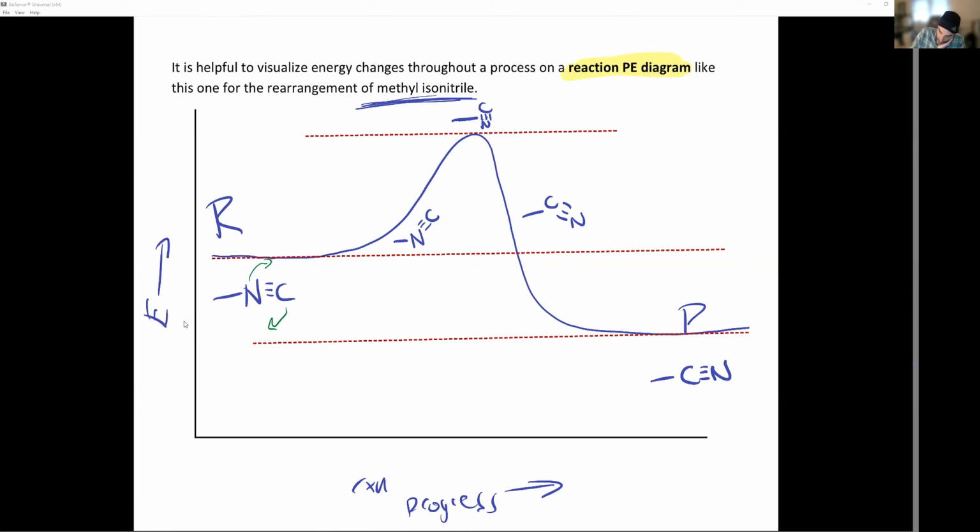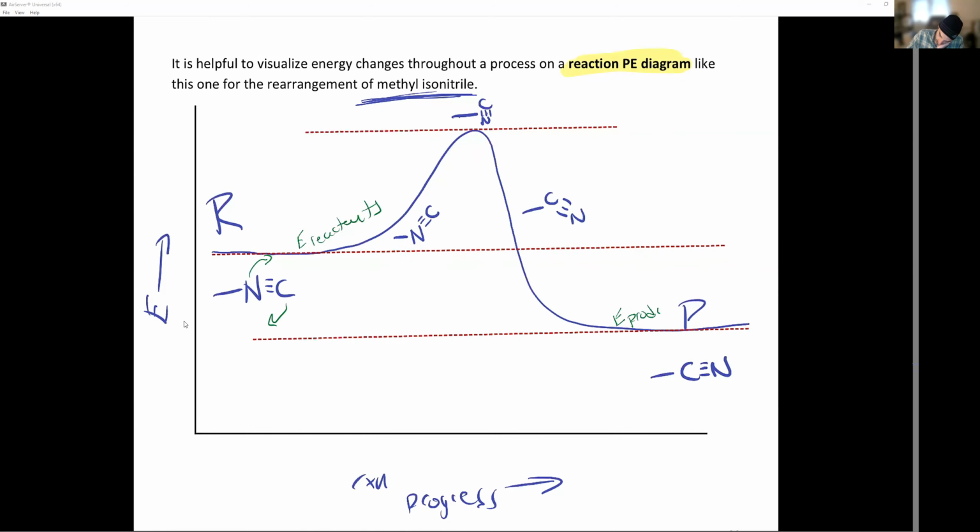The energy here is the energy of the reactants. Down here, I have my energy of products. And up top, we have the peak energy, the most energy that we actually need. This is the highest energy.